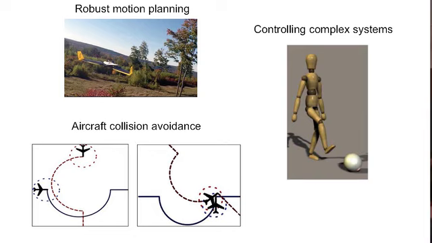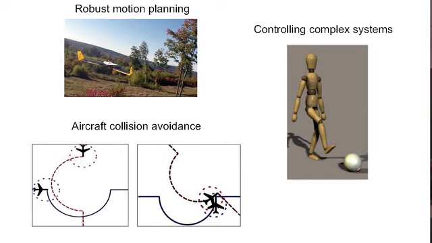Here the idea is to move a glider or an airplane through lots of obstacles, even in the presence of uncertainties and disturbances. You don't want to crash into any of the obstacles even when there are disturbances. There are also applications of reachability to controlling complex systems like bipedal walking robots.